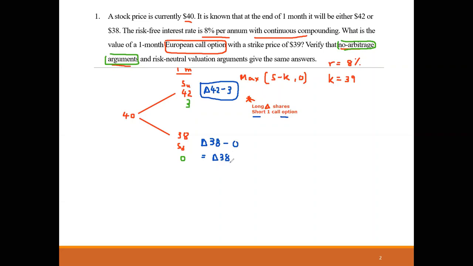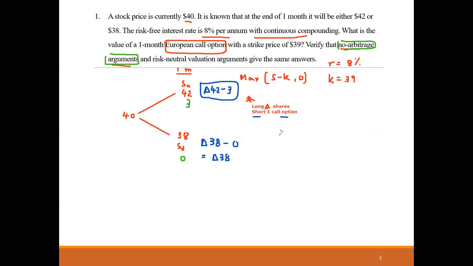We said we are creating a riskless portfolio. That means whether the stock price goes up or goes down, the value of the portfolio should be the same. With certainty, you would know the value of the portfolio. So this cannot be different based on the stock price.